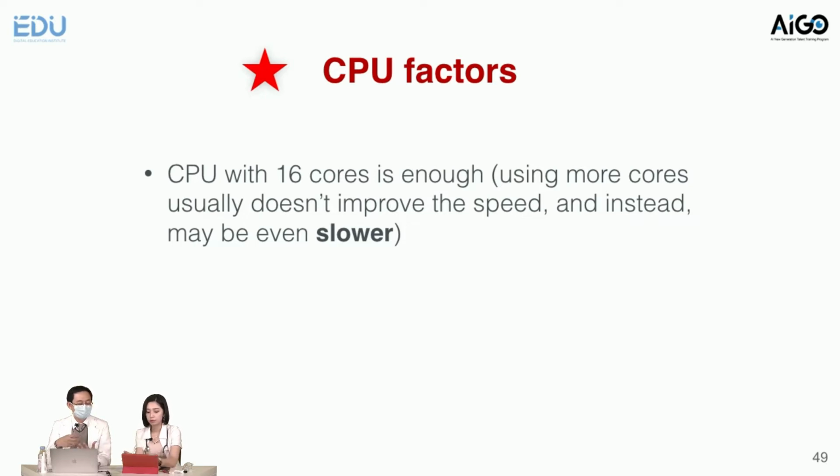It will provide us the most efficient and the highest performance. And when we increase the cores of the CPU, the performance drops, just like the GPU example. The more GPU or the more CPU is not always good.